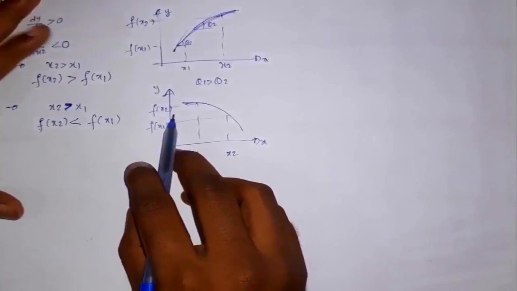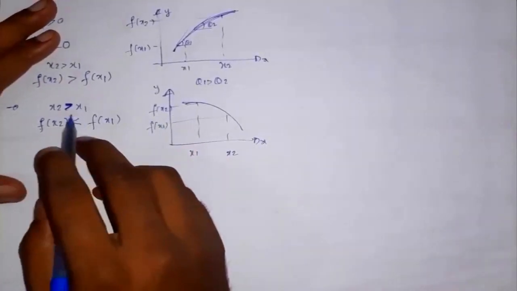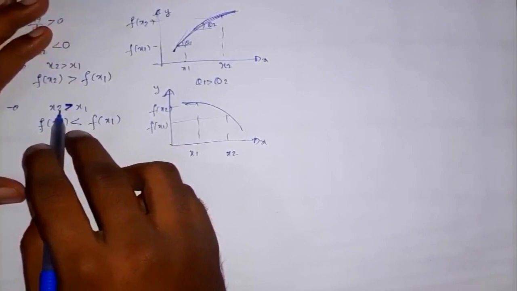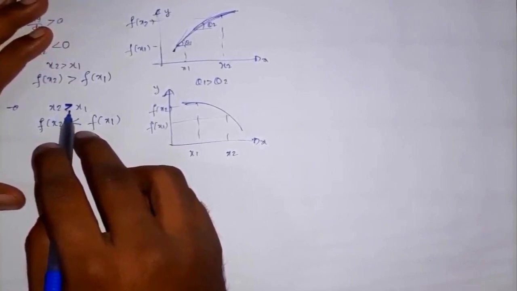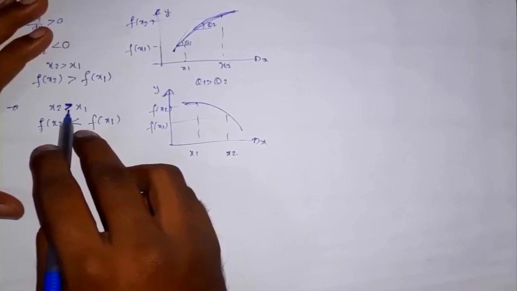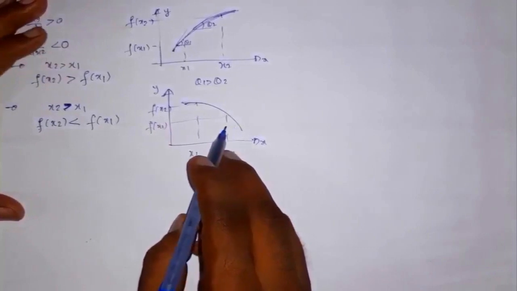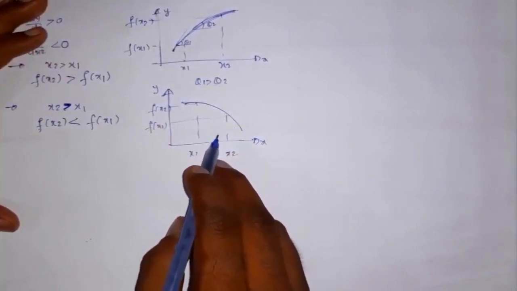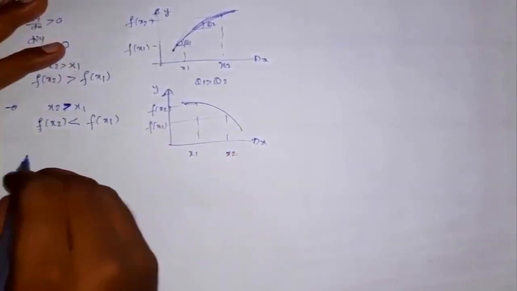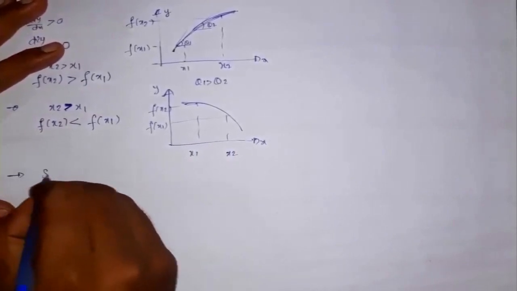So I hope it is clear to all of you. So if we are imposing a function on any value of x, as far as the inequality is concerned, then the sign of the inequality will change if that function is decreasing. Okay, so I hope it is clear to all of you. Now we will see another kind of functions, like square functions.